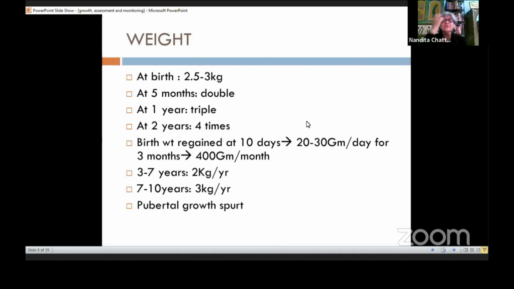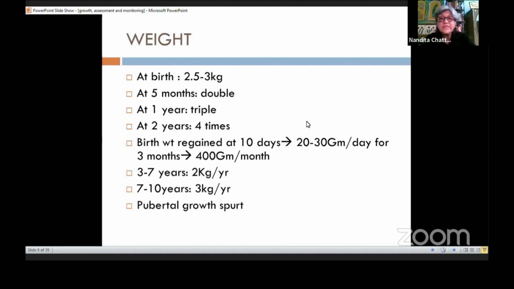I will take up another issue, that is what happens right at birth. A baby does not start gaining weight from day one. We all know that. The birth weight recedes during the first few days, only to regain the birth weight at 10 days. Then the increase starts at a rate of 20 to 30 grams per day for the first 3 months.